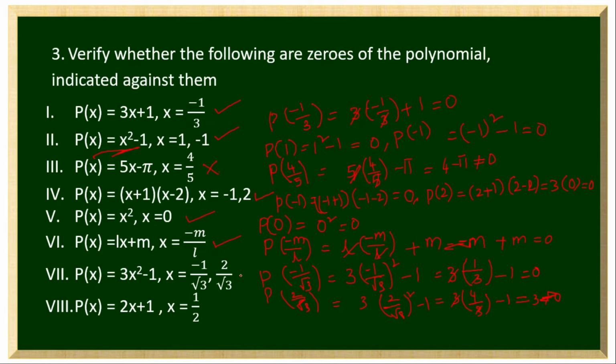So we can say 2/root 3 is not a zero of the polynomial, whereas -1/root 3 is a zero of the polynomial.